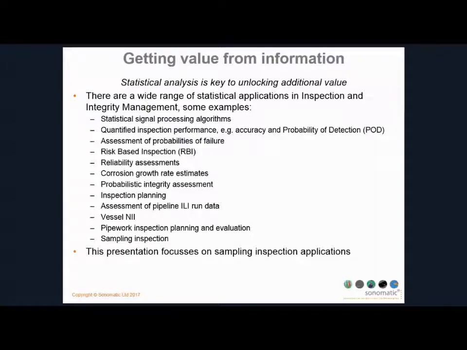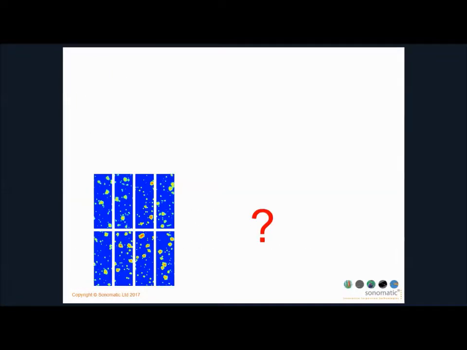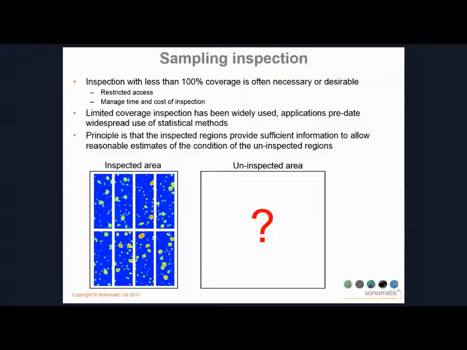A big part of statistical applications is around sampling inspection, which is going to be the focus of this presentation. So it doesn't cover all aspects of statistical analysis in integrity management, but focuses primarily on sampling inspection applications. By sampling inspection, we basically mean an inspection where we're going to have less than 100% coverage.